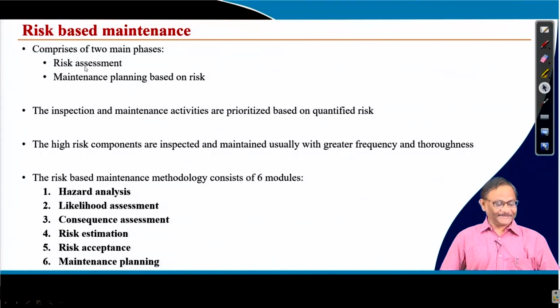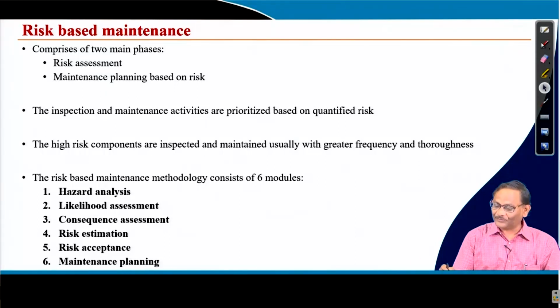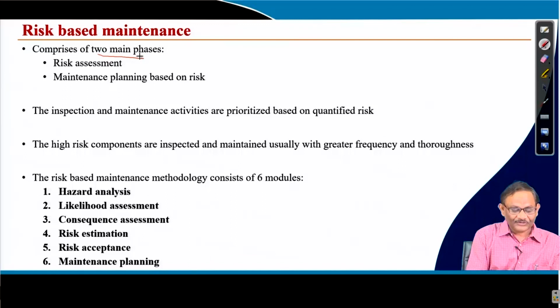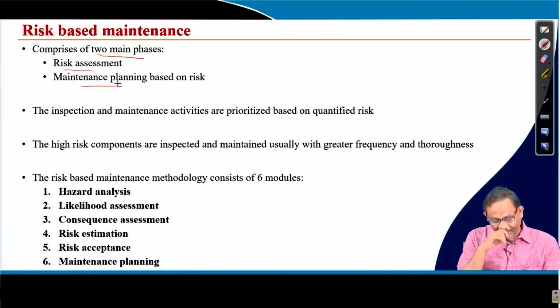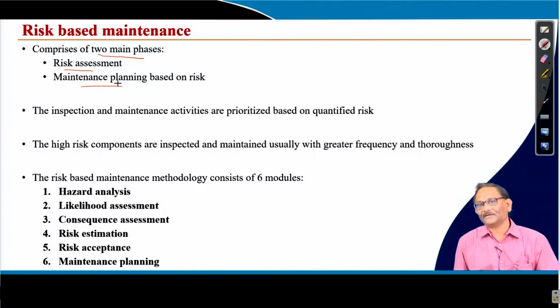Whatever may be the case, there are two main phases: risk assessment and maintenance planning. And when I say maintenance, wherever needed, inspection and maintenance can be considered. It is a general term.